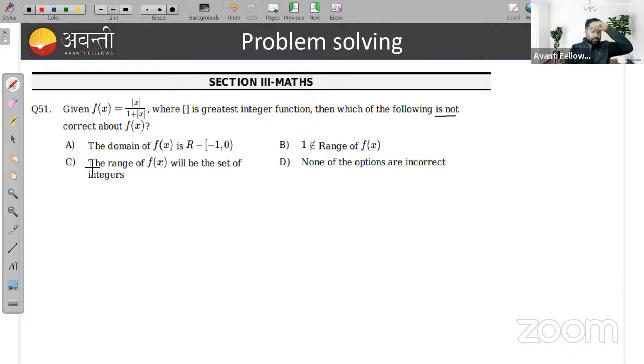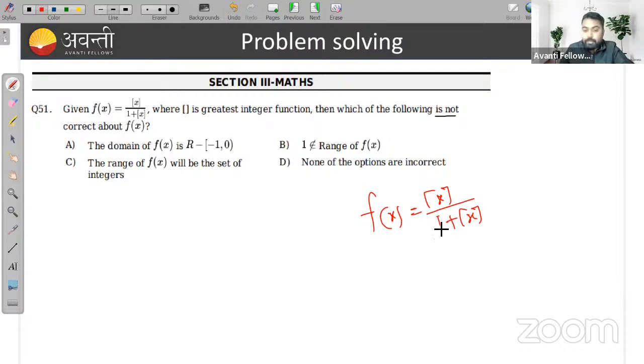So the function is given as f of x is equal to greatest integer of x upon 1 plus greatest integer of x. If I ask you to find the domain of this function, what should you do? In option A, the domain of f of x is R minus the semi-interval of minus 1 to 0.